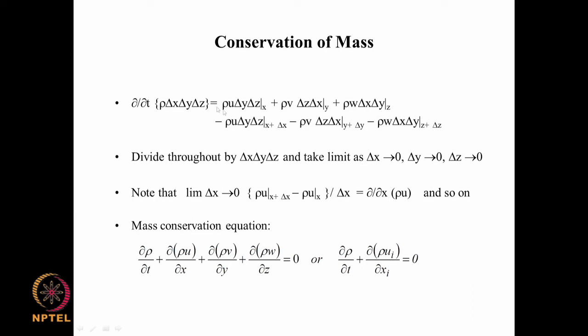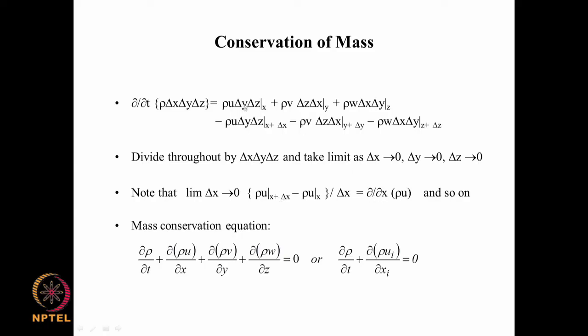So, if you do this, then the left hand side becomes dou by dou t of rho, because this thing cancels out, and if you look at these two, delta y delta z cancel out, this gives you rho u at x minus rho u at x plus delta x divided by delta x, and if you take the limit as delta x tends to 0, this becomes dou by dou x of rho u.